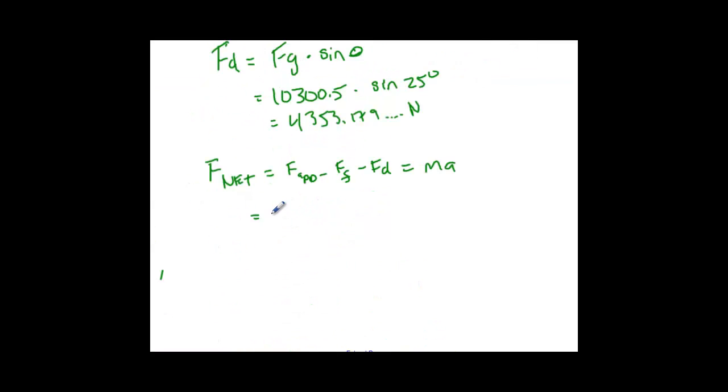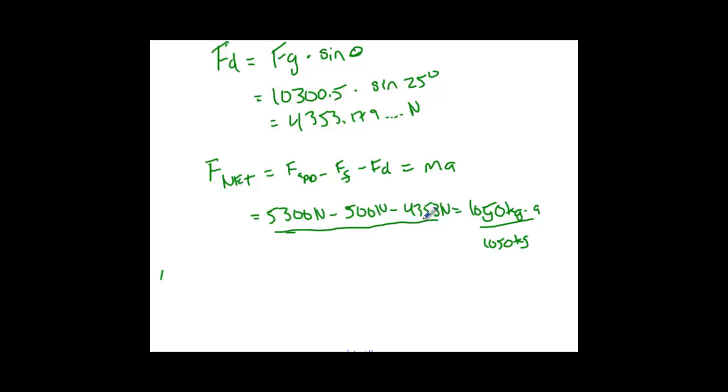Okay, so your applied force would be 5,300 newtons minus friction, which was 500 newtons, minus your downward force of 4,353 newtons, equals your mass of 1050 kilograms times acceleration, divide by 1050 kilograms. Make sure you pay attention to all of the digits, because this number here, the 4,353, was actually rounded at some point, so make sure you keep a few more digits there.